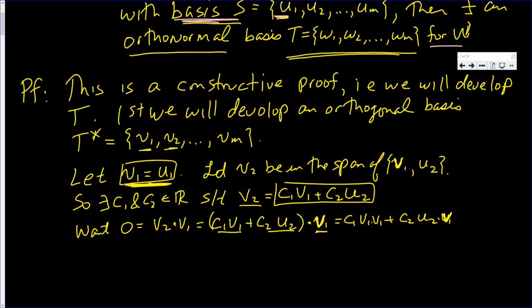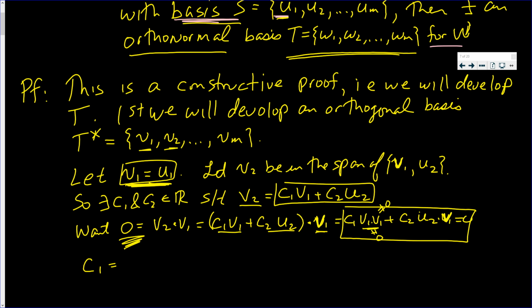So we know that U1 is not 0, so V1 is not 0. And the only way you dot a vector with itself and get 0 is if and only if the vector is 0. That tells me that V1 dot V1 is not 0, so I can solve this equation, which equals 0, for C1.